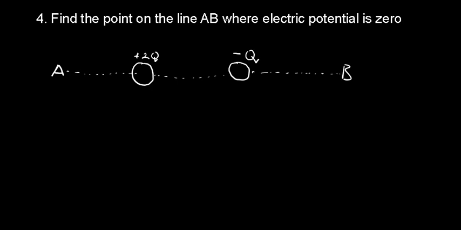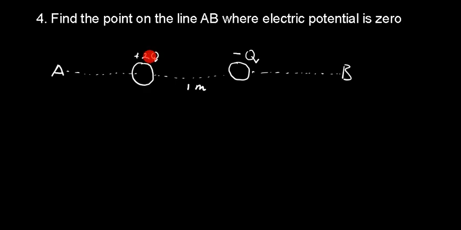So where on the line will the electric potential be 0? Now, that means, look at this. This is positive 2 and this is negative 1. So this is a positive charge and this is a negative charge.